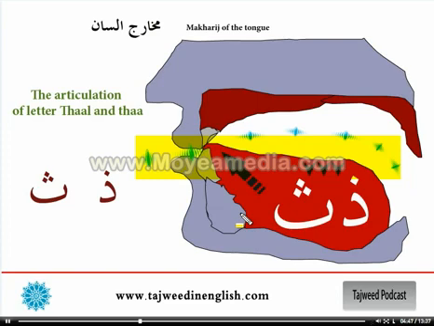If you put your hands close to your lips and mouth and say ath, you find that the air is coming out and hitting your hands. Ath, ath. But Dhal and Dha do not have that quality of hams.